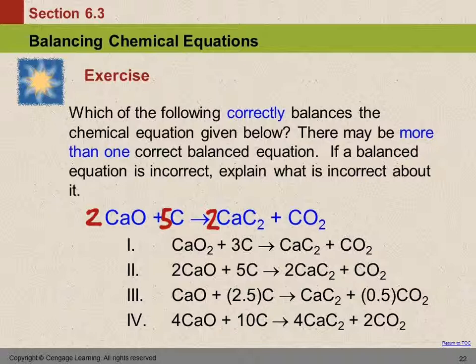So I balance the equation. Now I look for the correct balanced equation. Well, which one matches up with that? Number 2 does. But it says there may be more than 1.